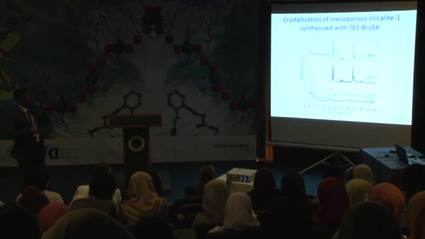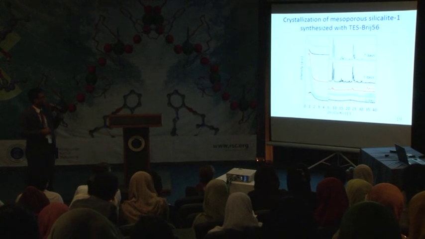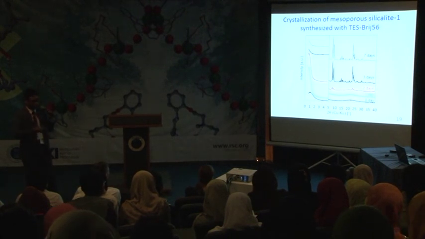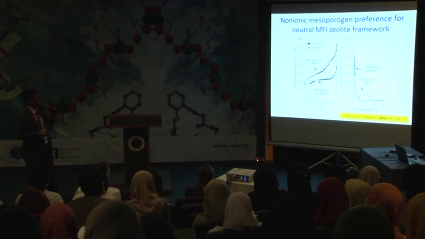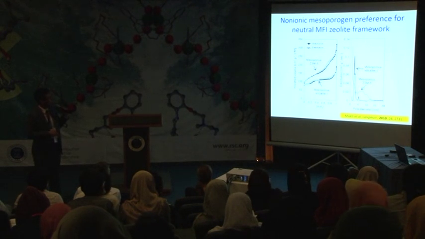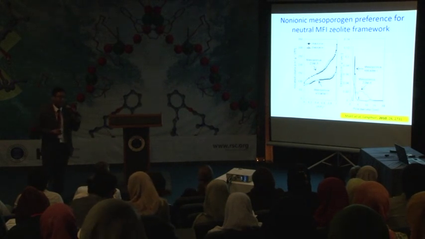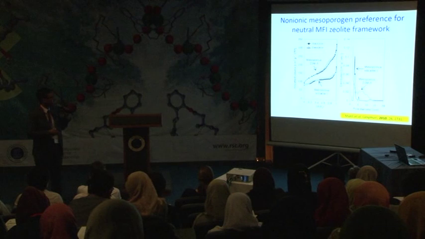We also looked at the low-angle XRD. It doesn't seem to show an ordered mesostructure, but it's probably a wormhole mesoporosity. We compared the mesoporous silicalite-1 that we have and the mesoporous ZSM-5 using non-ionic type modified surfactants.